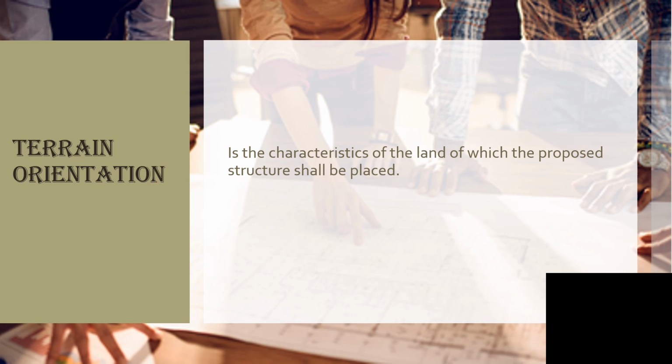Terrain orientation is the characteristics of the land on which the proposed structure shall be placed. Terrain affects the type of structure to be built. A level construction site is a natural location for a single-level or two-story home. Some landscape techniques on a level site can allow for alternatives.